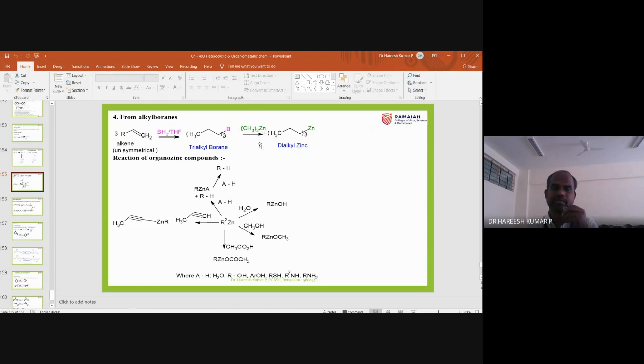This trialkyl borane is treated with dimethyl zinc. Now you know how to get dimethyl zinc. Dimethyl zinc may be obtained from the reaction of elemental zinc with methyl bromide. Zn will form a bond with one methyl, and Zn is also forming a bond with another methyl.